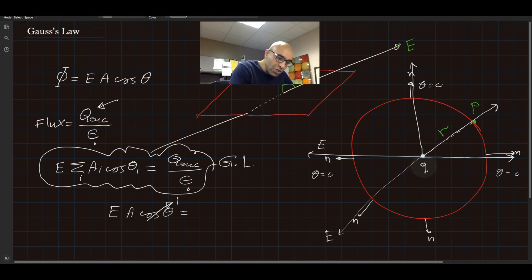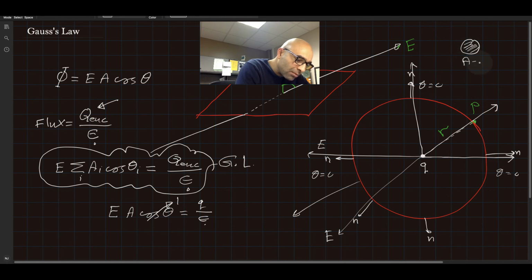Now we can apply Q enclosed. We have only one charge enclosed by that surface, so I'm going to call it Q, and epsilon 0 comes down. Now, what is the area of a surface of a sphere? Remember, this is a sphere, this is not a disk. If that was a disk like that, then the surface area is basically pi r squared.